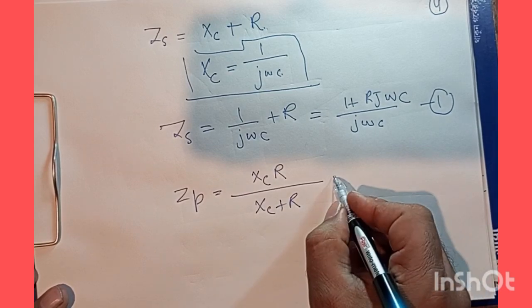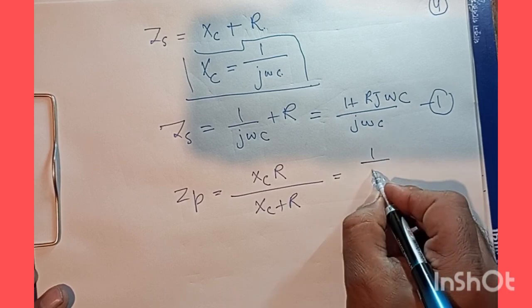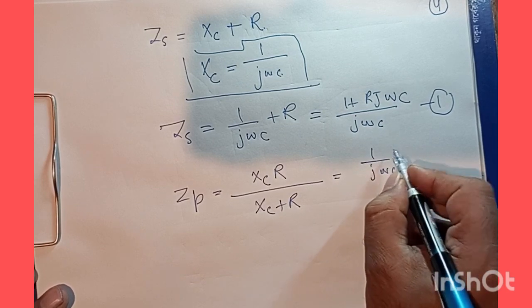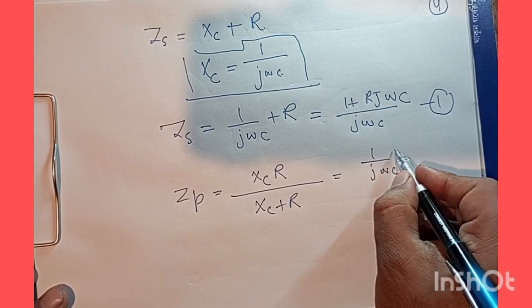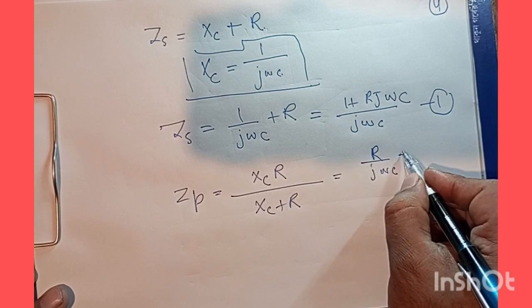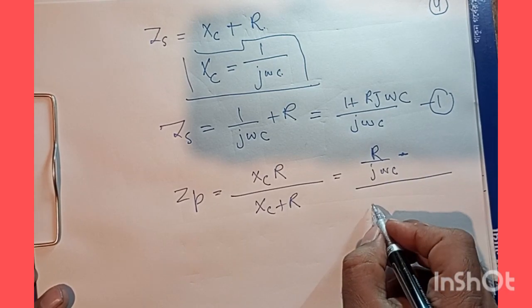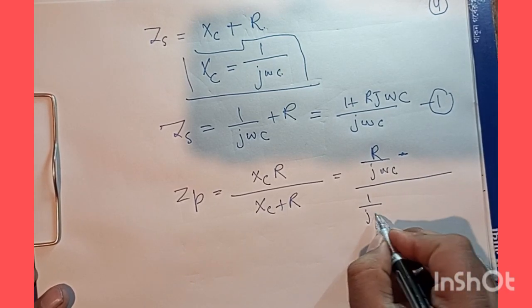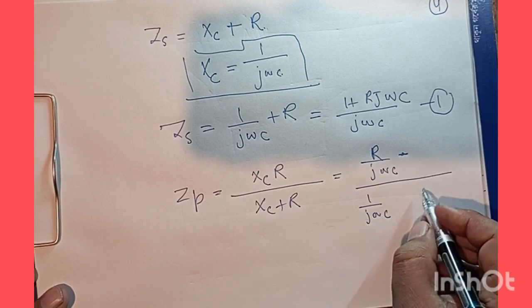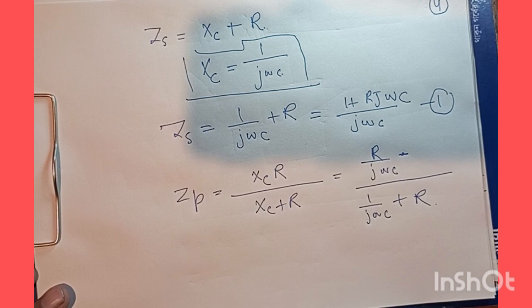So now we can make use of the things there. What is Xc? This is 1 by j omega C, times R, divided by Xc plus R, that is 1 by j omega C plus R, right?